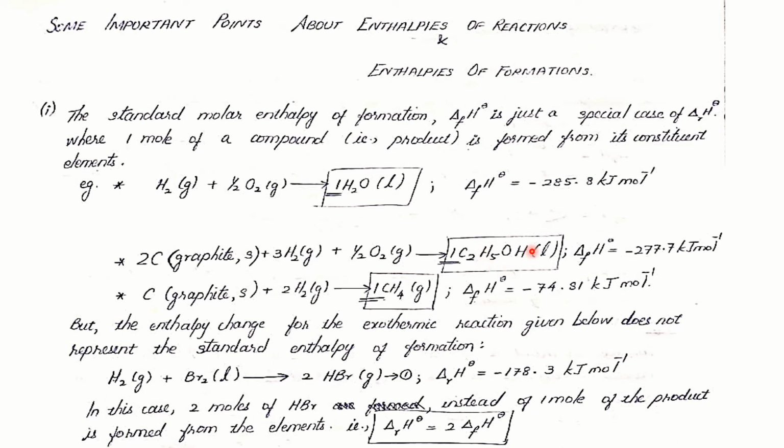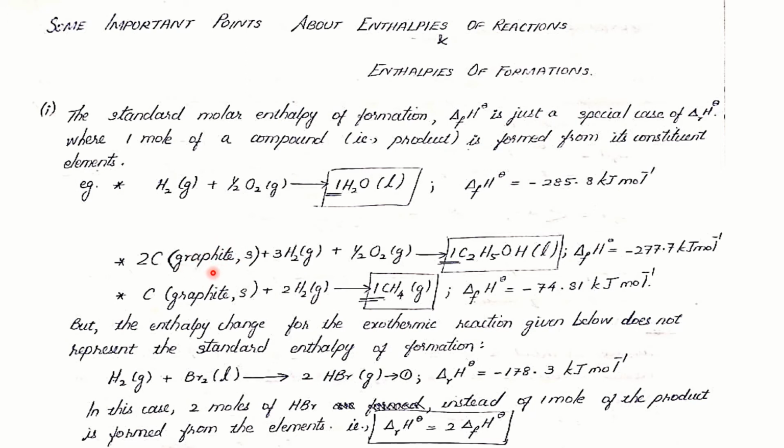Since 1 mole of ethanol is formed from its constituent elements which are in their reference states, we write the enthalpy change associated with this reaction not as standard enthalpy of reaction but as standard enthalpy of formation. Graphite is the reference state of carbon. It is the state of aggregation in which carbon is most stable at 25 degrees Celsius and 1 bar. Hence, we write graphite within the parenthesis.